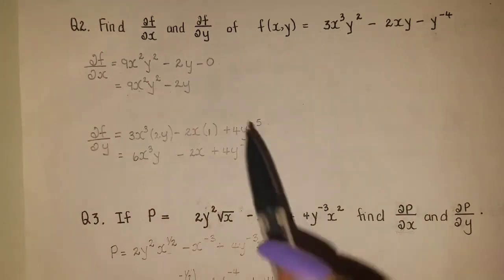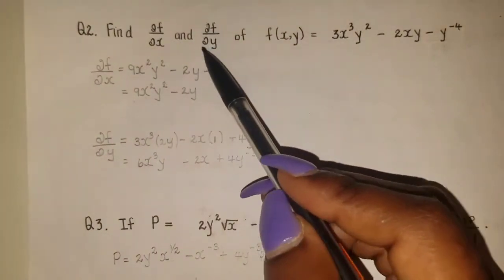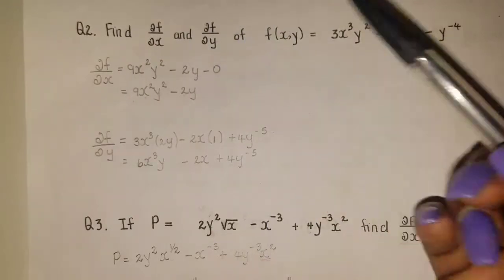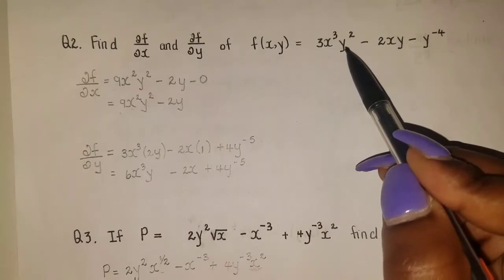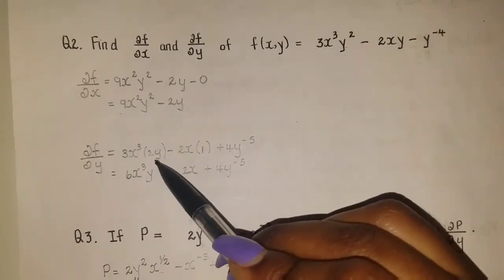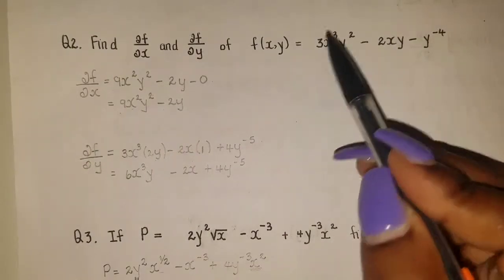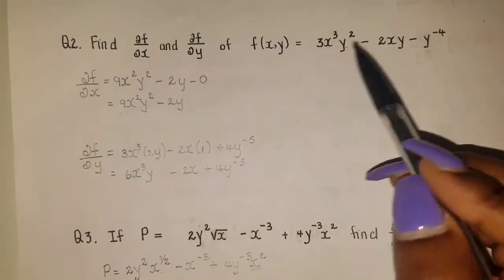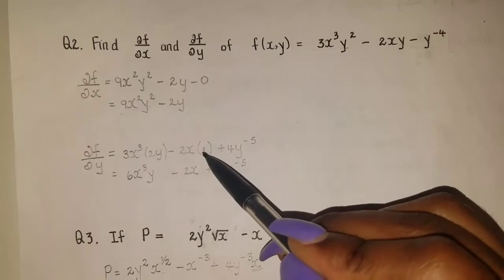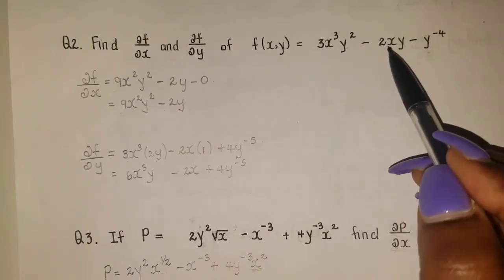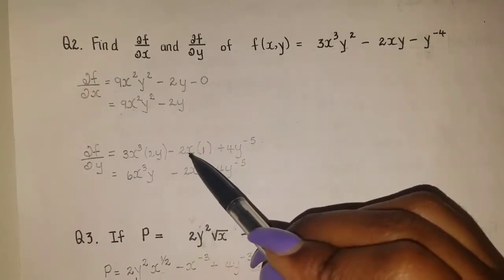In the second part, to find the partial derivative with respect to y, differentiating the y's now, this y squared is 2y, and we multiply by this 3x cubed coefficient. Here we differentiate the y to get 1, and we multiply by this minus 2x coefficient.